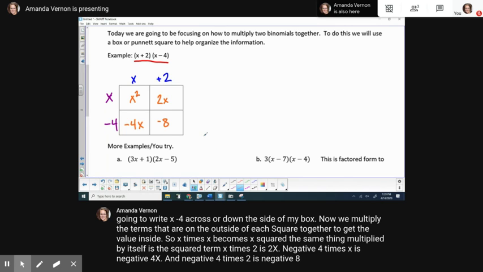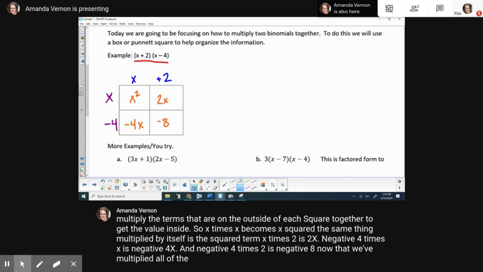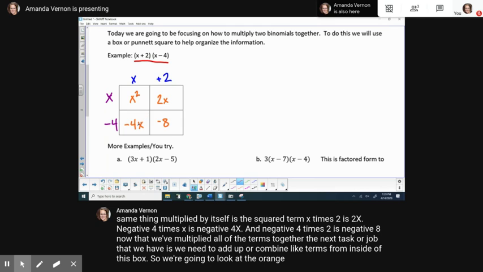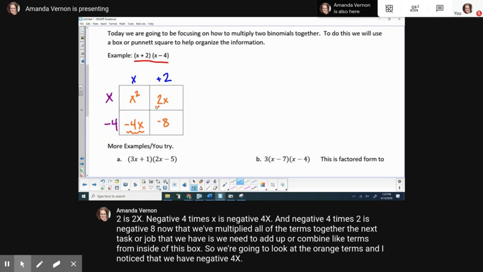Now that we've multiplied all of the terms together, the next job we have is to add up or combine like terms from inside of this box. So we're going to look at the orange terms, and I notice that we have negative 4x and 2x. They're considered to be like terms, so I can combine them.